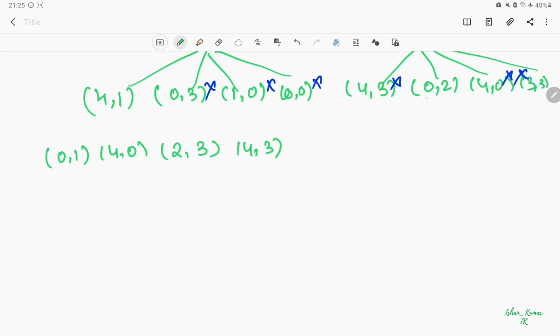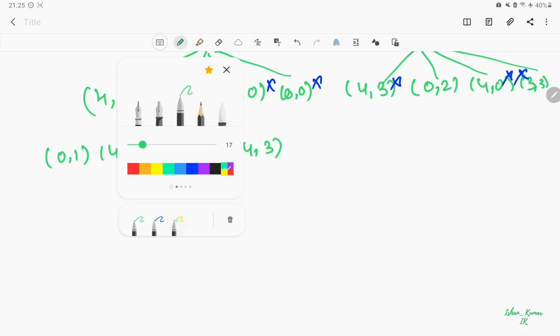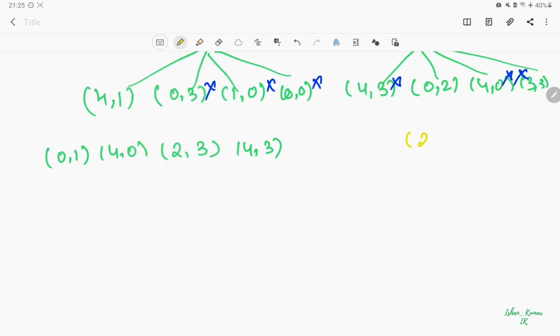On the right hand side, 0, 2, if we apply pour, we can directly get here our final state, that is 2, 0. Now we don't have to explore furthermore. So on the right hand side, we have reached our final goal state, that is 2, 0.